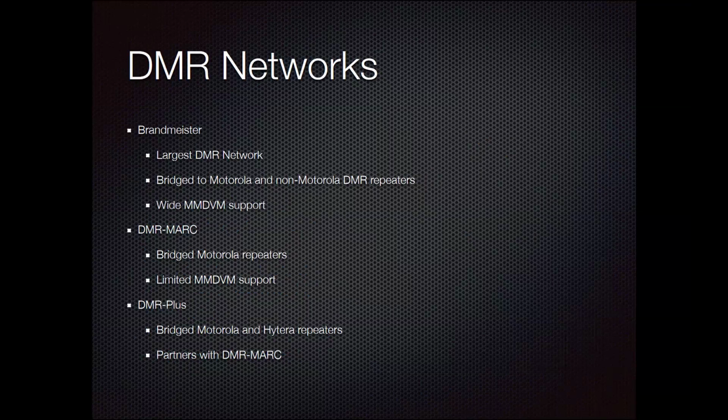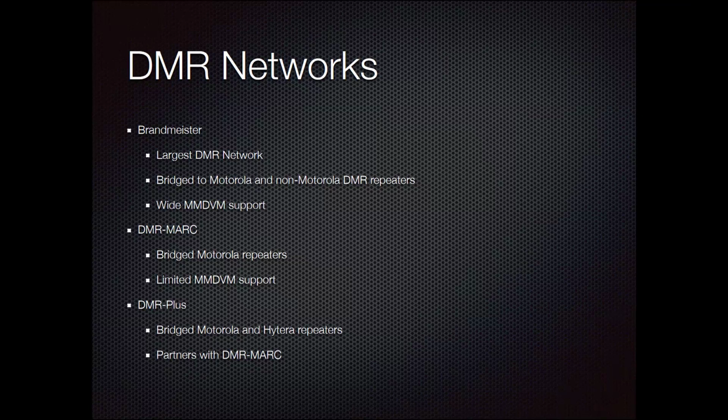And like you said, 3148 is only for Texas repeaters. Brandmeister also has a 3148, but they're a little bit more loose as far as who can connect to it. So anybody can connect to that 3148 talk group in the Brandmeister network.